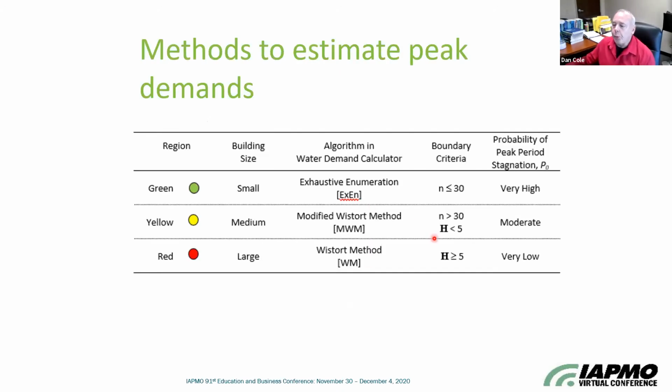So there are 3 algorithms that are used in a water demand calculator, and they are applicable to the building size, to the spatial dimension of the building. And we've color coded this, and the colors will come into play in the following graph that you'll see. But there are small buildings, medium-sized buildings, and then large buildings.